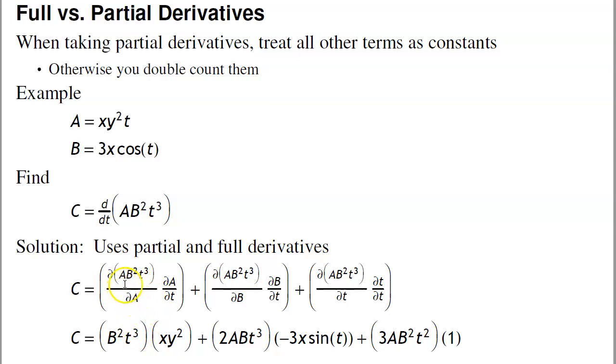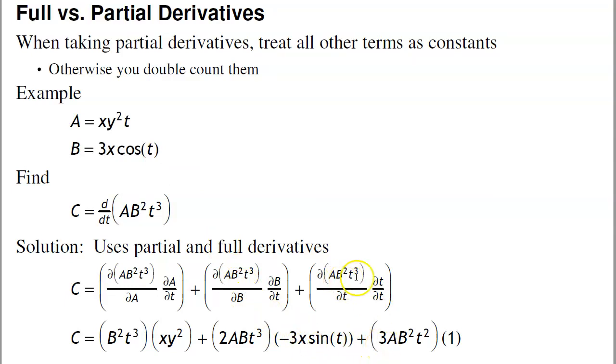So the partial with respect to a is just b squared t cubed times the partial of a with respect to t, which is up here, just x y squared. Second term, partial with respect to b is going to give you 2ab t cubed times the partial of b with respect to t, which is there it is, minus 3x sine t.